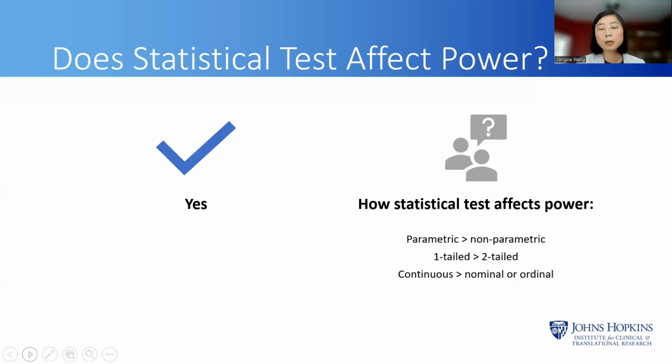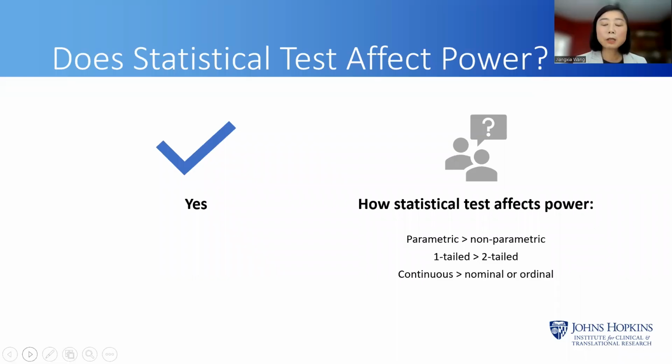Therefore, when you design your outcome, it'd be helpful to think about whether you should choose a continuous outcome or a nominal outcome, or whether you want to use a parametric test or non-parametric test.